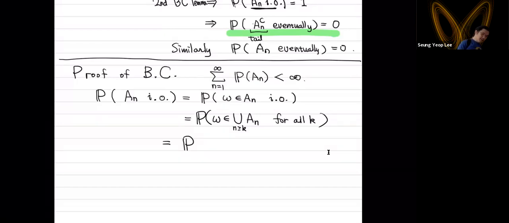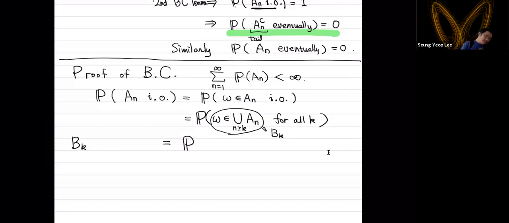Okay, so now this is a certain event. Let's call this event B_k. B_k is the event where omega belongs to the union of A_k and above. B_k is monotonic. If k is growing, it's the union of smaller and smaller sets, right?